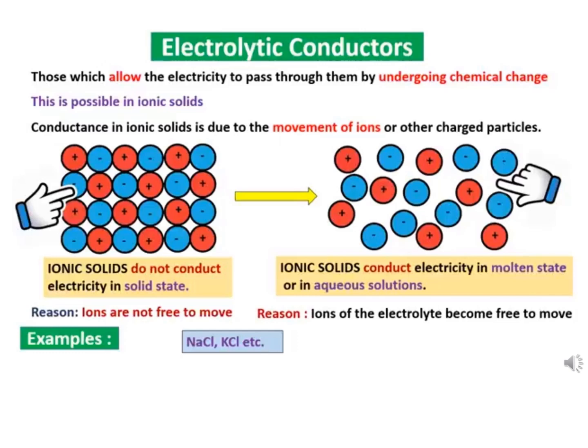But on the right side you can see that there are spaces between these ions and they can move freely, so electricity can pass through them easily. Examples of electrolytes, which are ionic solids, are sodium chloride and potassium chloride. When these are in molten state or in aqueous form, they can conduct electricity.